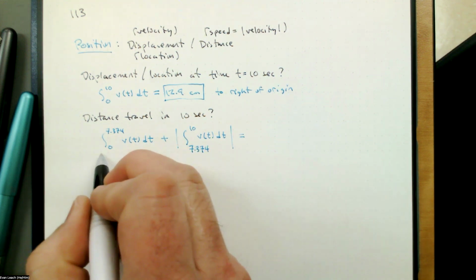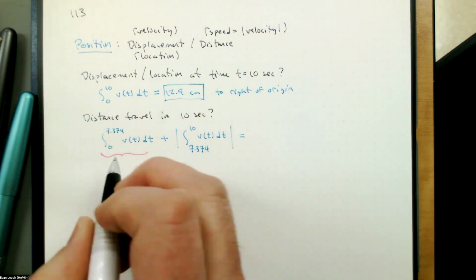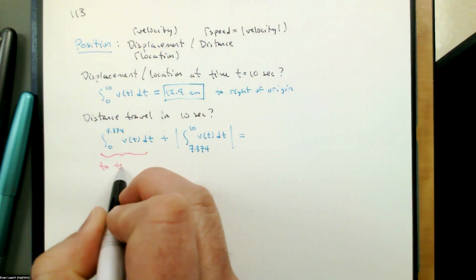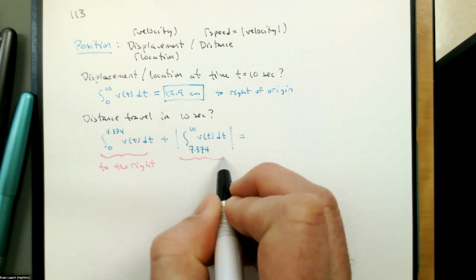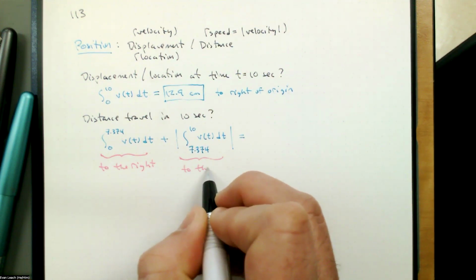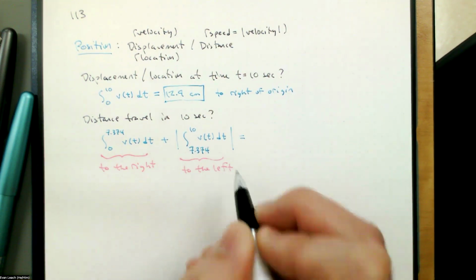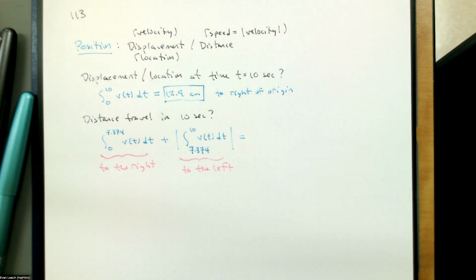So this is the to the right. This second definite integral is going to be to the left. And since the velocity is negative, the definite integral is going to call this negative.